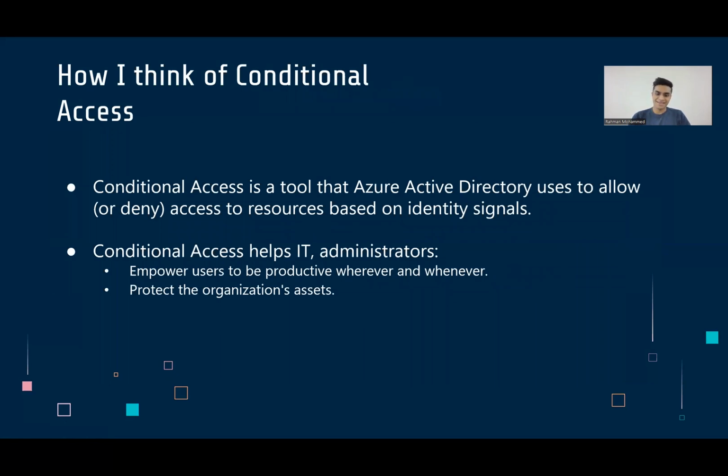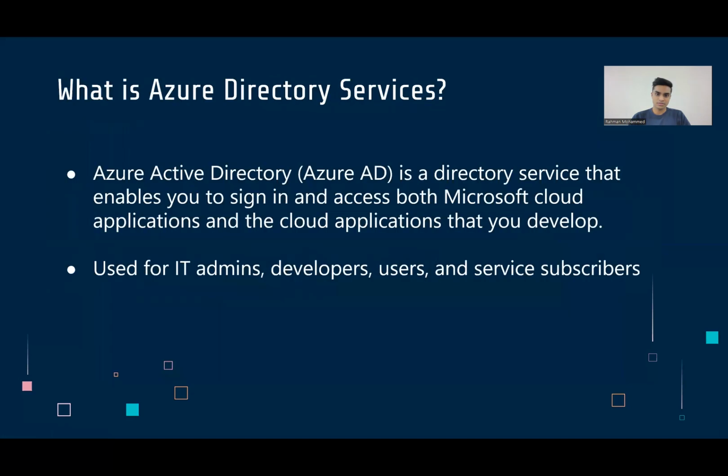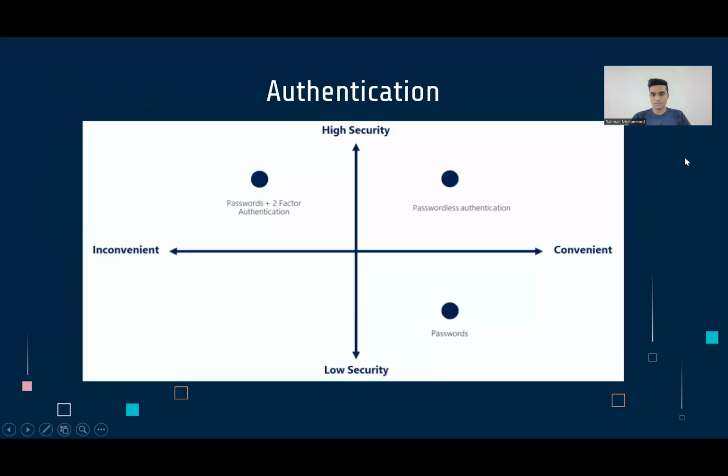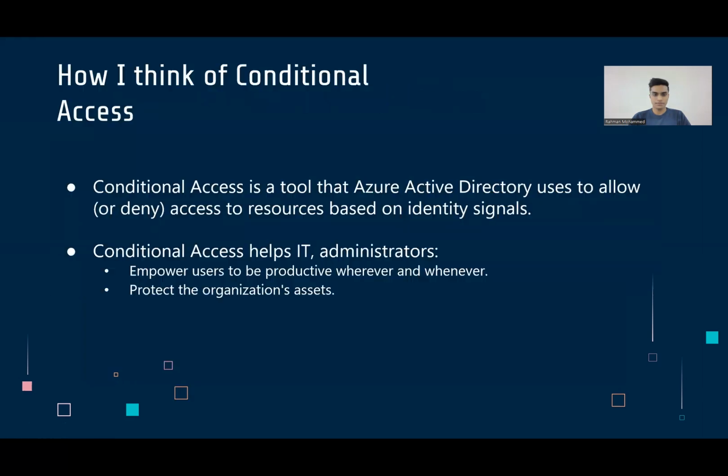Now, if we're going back again, I mentioned this is for developers or IT admins here. Also have the users and subscribers, but mostly IT admins and developers. And this allows them to be productive wherever and whenever, because you're allowed to work on your application wherever and whenever. And using conditional access as a security measure is a way to protect the organization's assets.